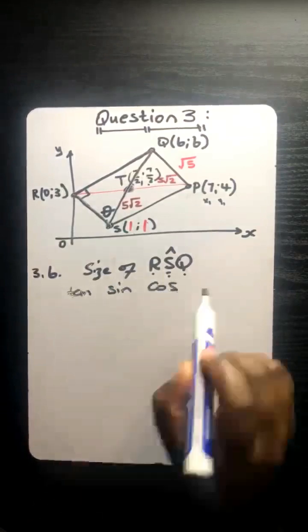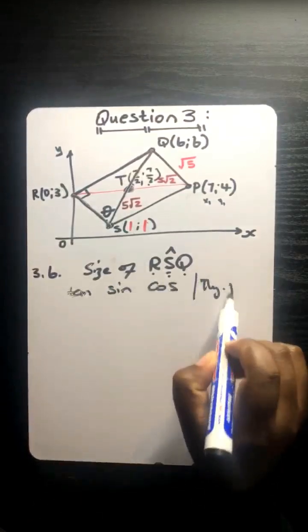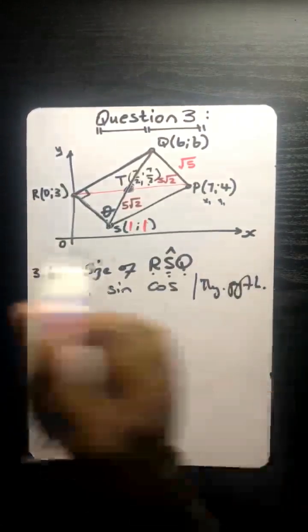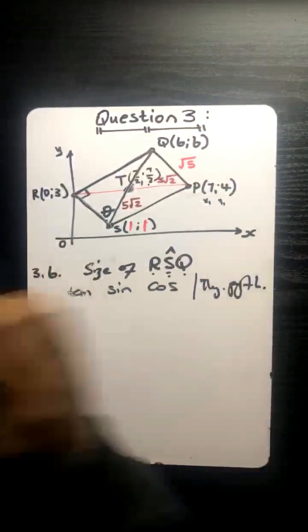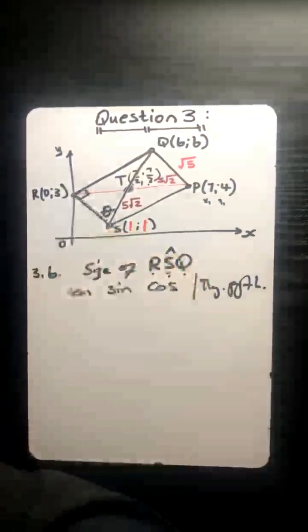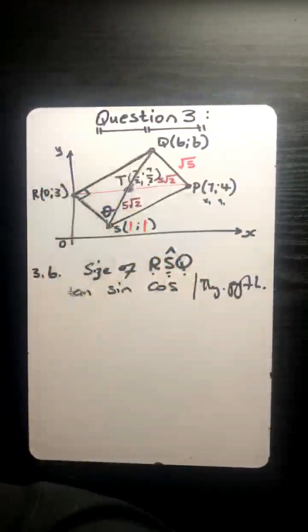In some instances, you can also use theorem of Pythagoras. It's applicable when you are dealing with a right-angled triangle. And of course, it is a right-angled triangle because this line is perpendicular to that line forming a 90-degree angle there.